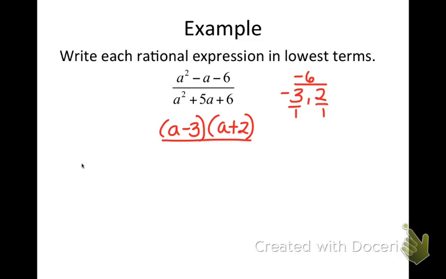Just so happens to be a coincidence that my constant in my denominator is a positive 6. What are factors of 6 that get us to 5? 2 and 3. So that factors to a plus 2, a plus 3. What can we slash out?